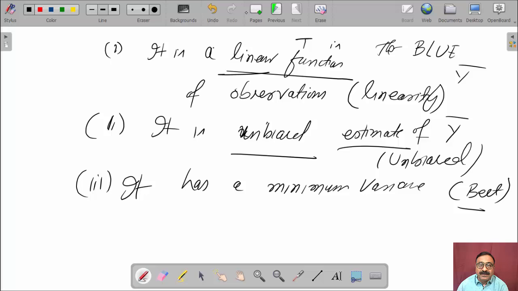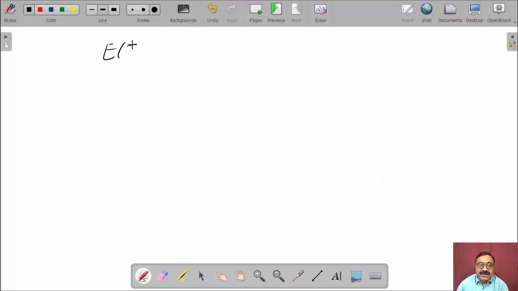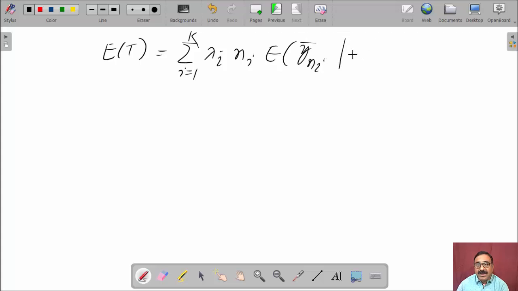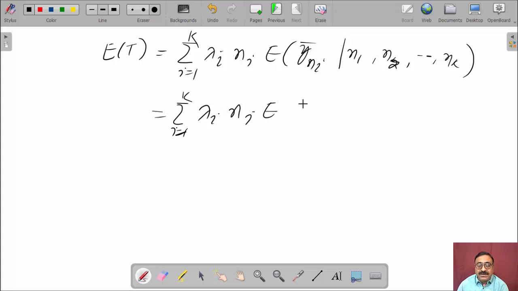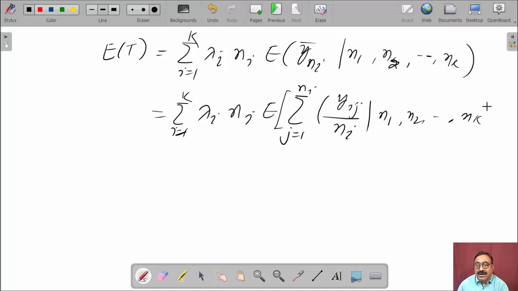So now consider the expectation of t, that is equal to summation i equal to 1 to k lambda i ni expectation of y ni bar given n1, n2, up to nk, that is summation i equal to 1 to k lambda i ni expectation of summation j equal to 1 to ni yij by ni given n1, n2, up to nk.